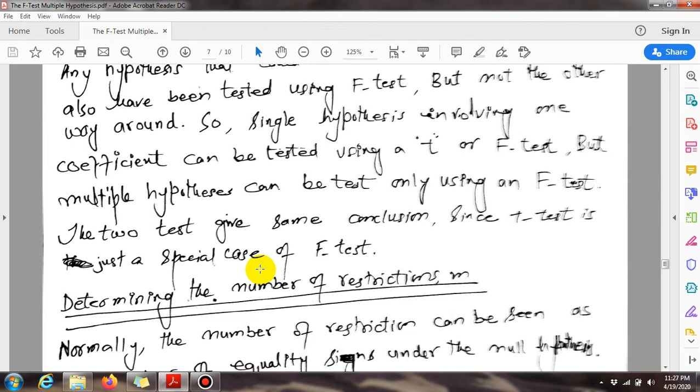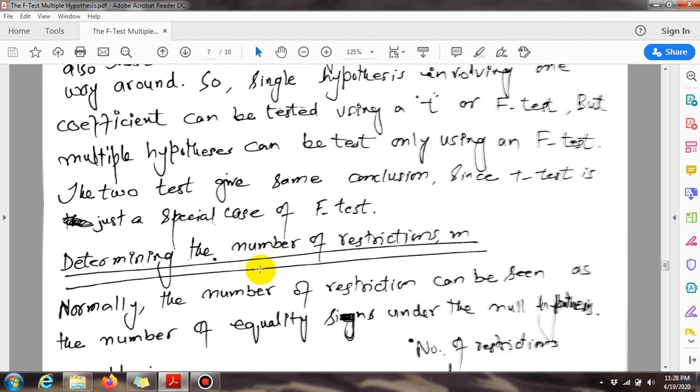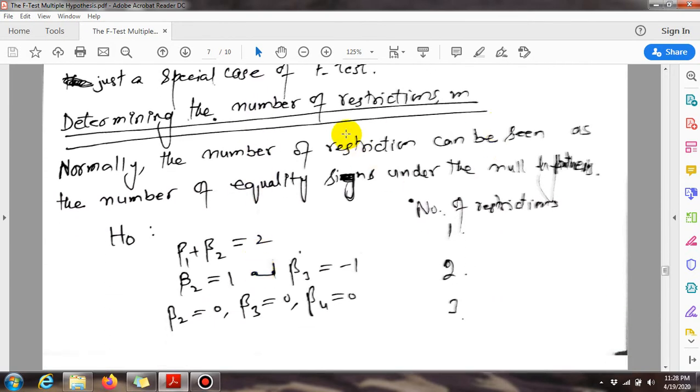Okay, determining the number of restrictions, M. This is more important: how can we determine the number of restrictions in any regression line? Normally the number of restrictions can be seen as the number of equality signs under the null hypothesis. So whenever you have a number of equal signs in front of the null hypothesis, this reveals the number of restrictions imposed in a regression line.